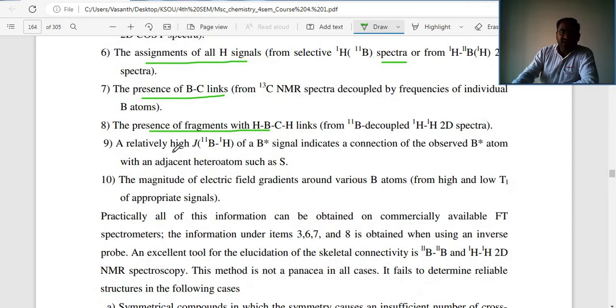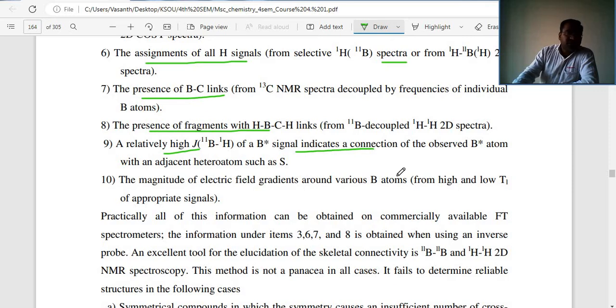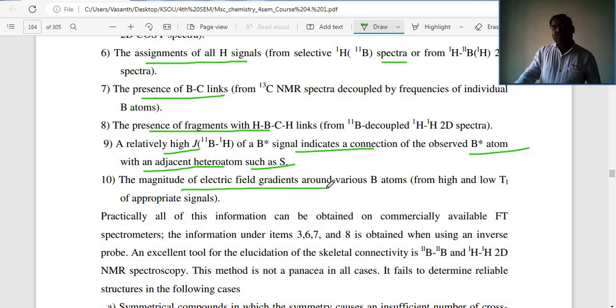A relatively high J value indicates a connection of the observed boron atom with an adjacent heteroatom such as S. And the magnitude of electric field gradients around various boron atoms.